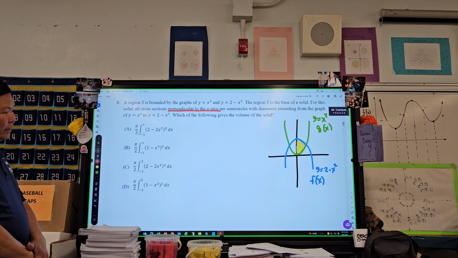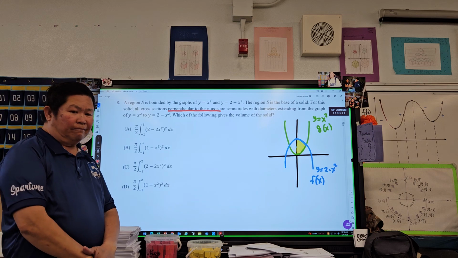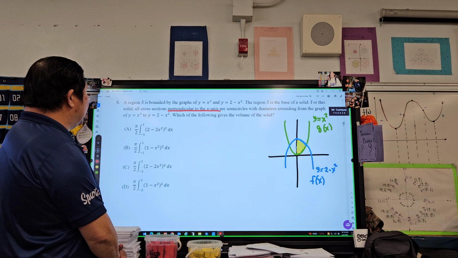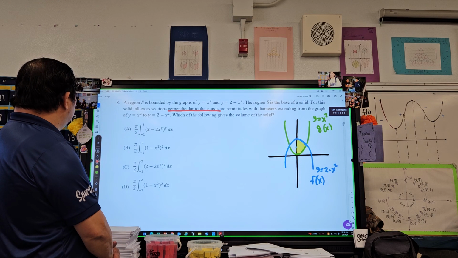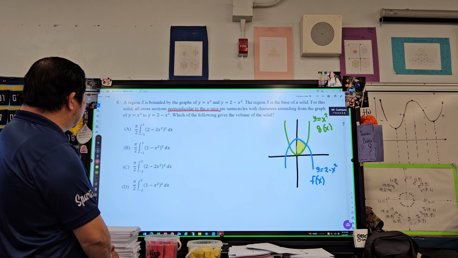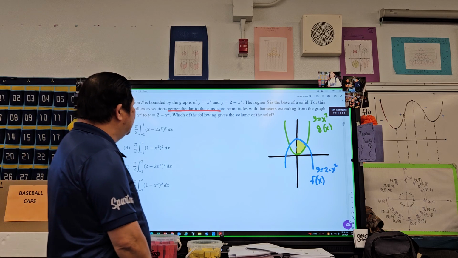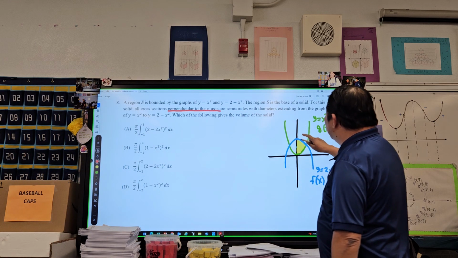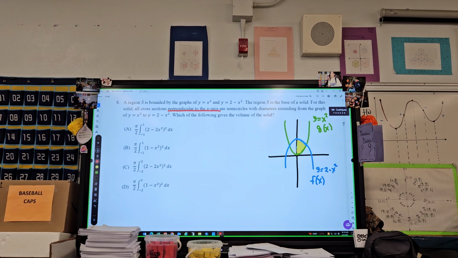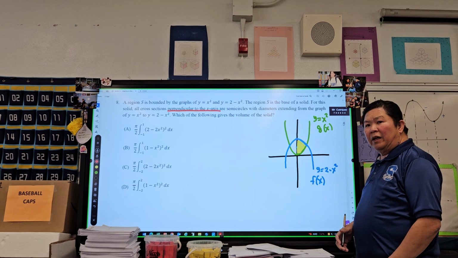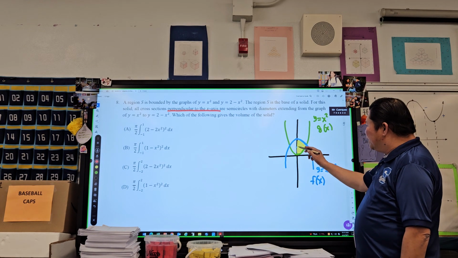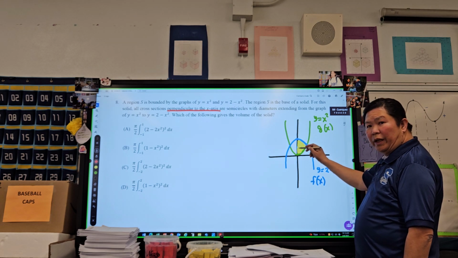You're gonna take the intersection, but it's gonna be a region S bounded by the graphs of, and S is the base of a solid. For this solid, all cross sections perpendicular to the x-axis are semicircles.